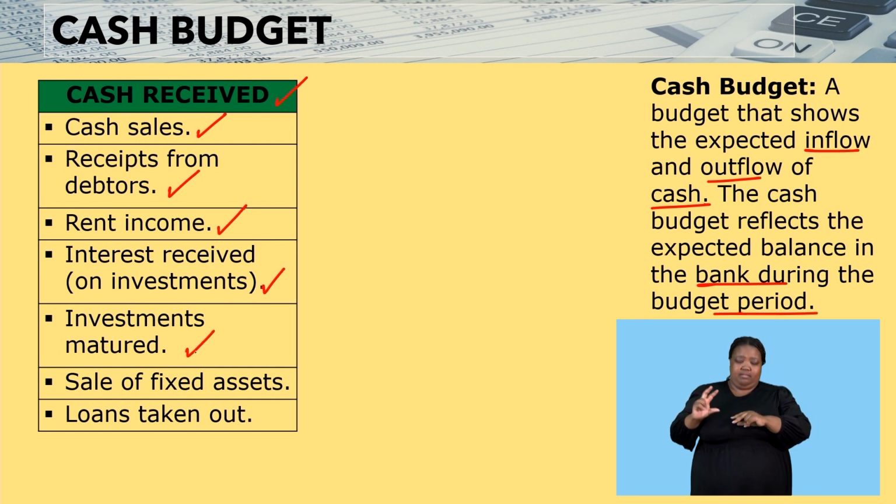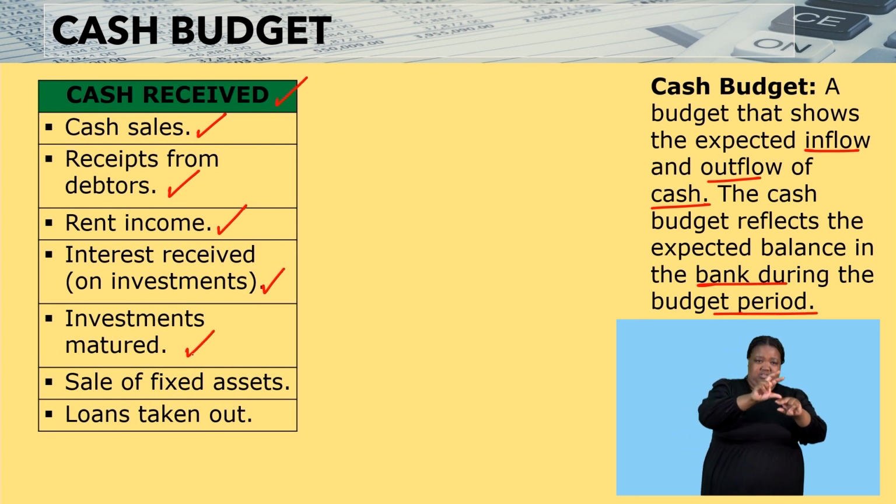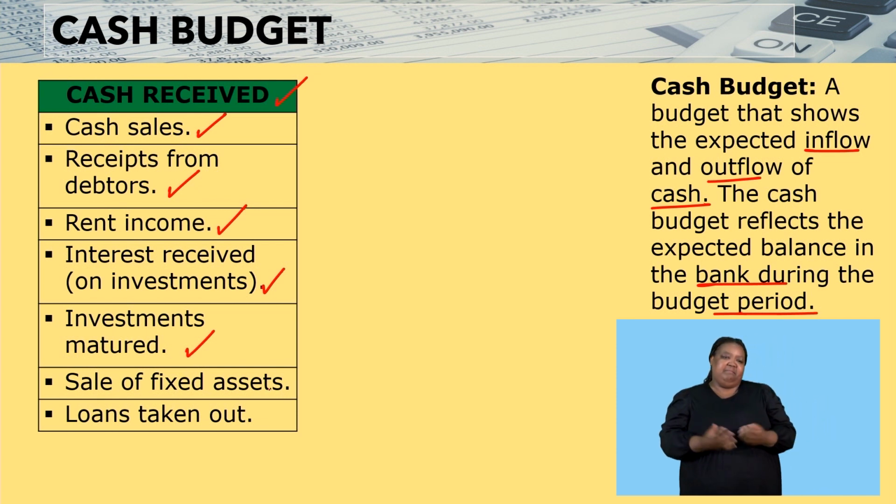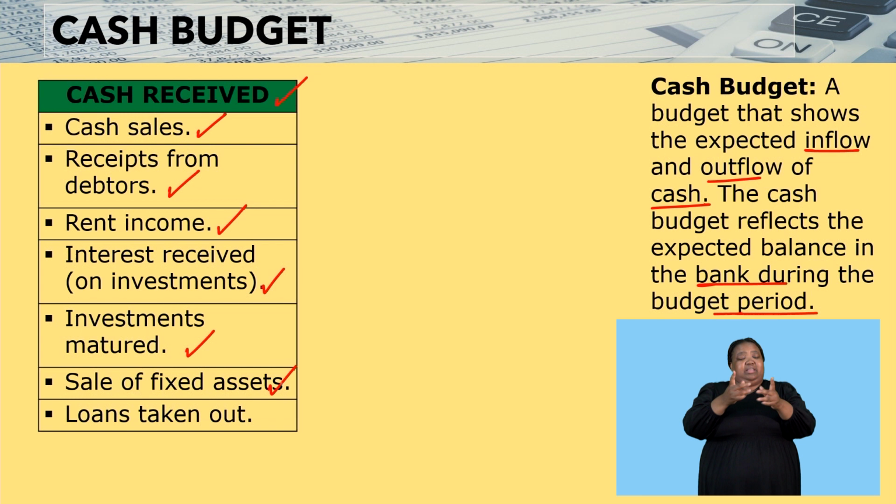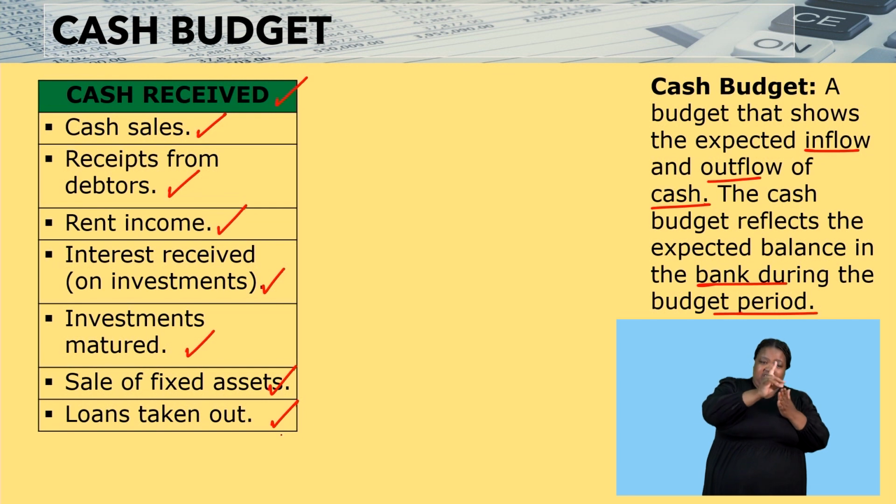Investments matured, when we have invested money and then that investment matures. Sale of fixed assets, when we sell fixed assets, then that money we record under our cash received. Loans taken out, when we receive a loan from the bank, the amount of money that we receive, we record under our cash received.